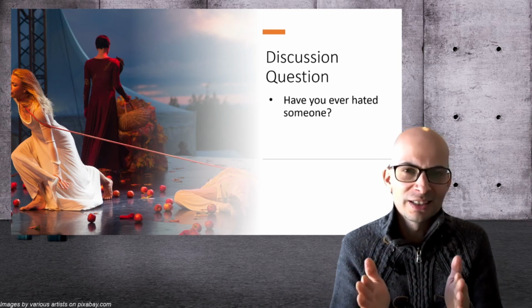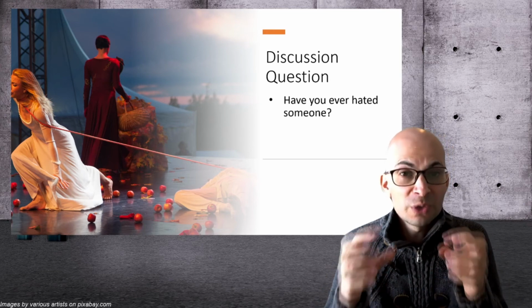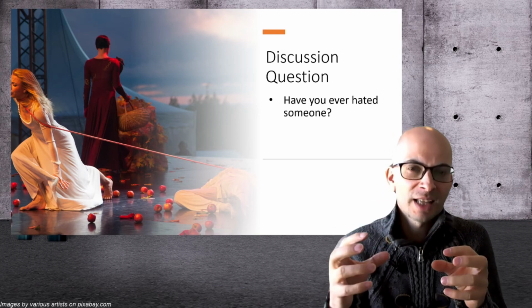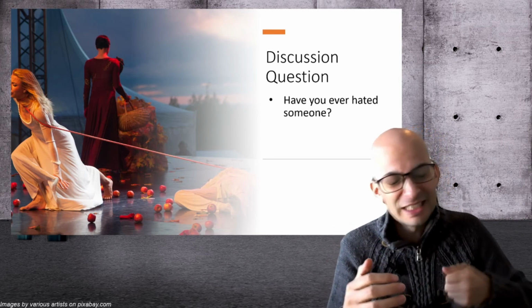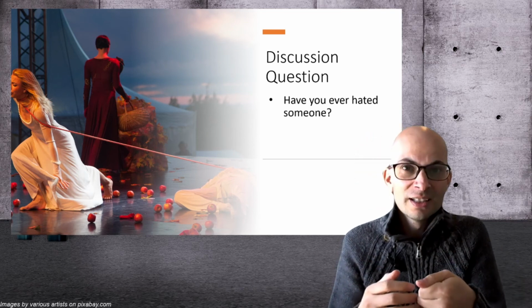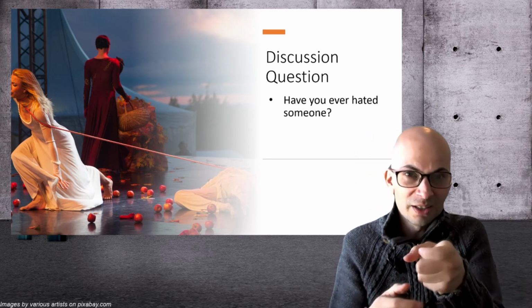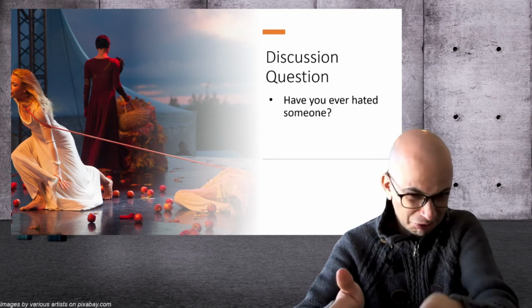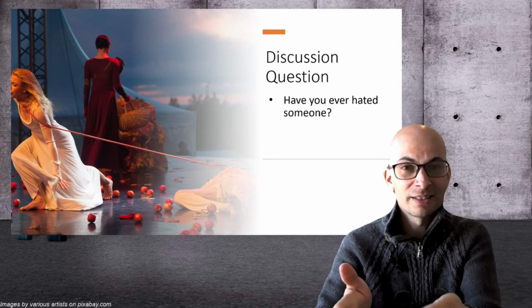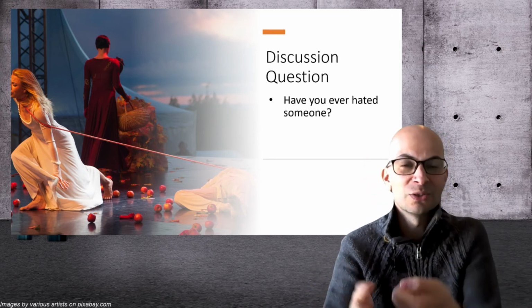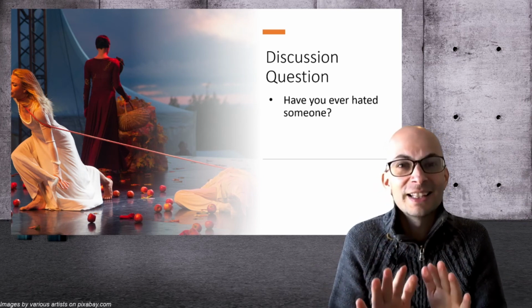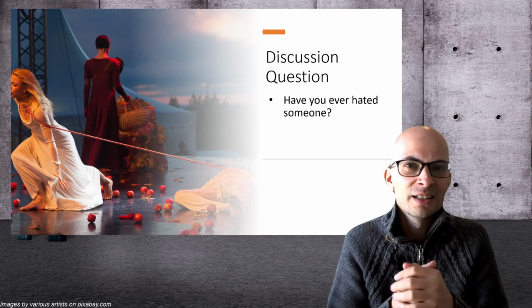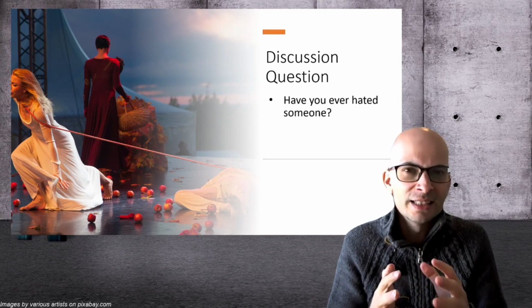Certainly this feud between the Montagues and the Capulets has some pretty deep hate where they just want to actually kill each other. And that's not like killing each other with a gun, but taking a sword. Oh man, that's a lot of hatred to be able to do that to someone. We probably haven't had that experience or that level of hate, but have you ever hated someone?